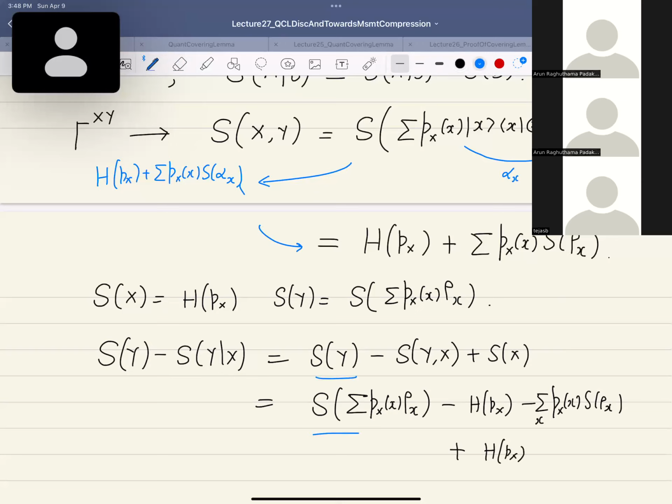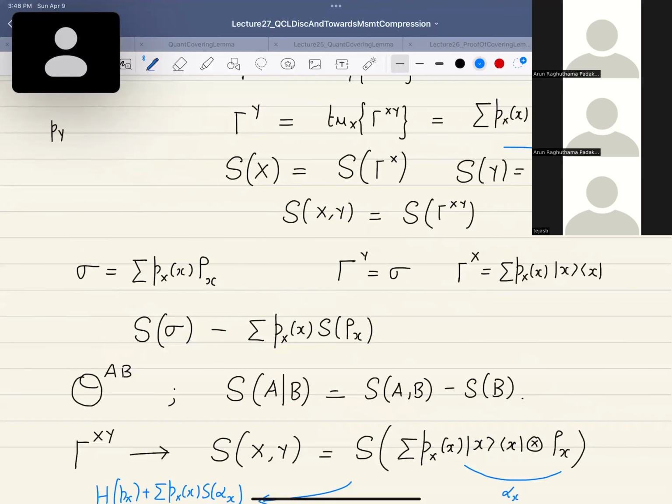This component is here just by the fact that this is this.